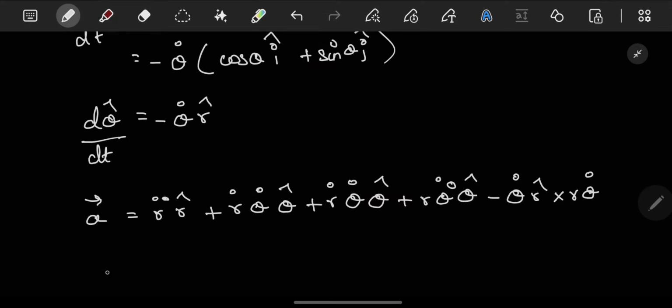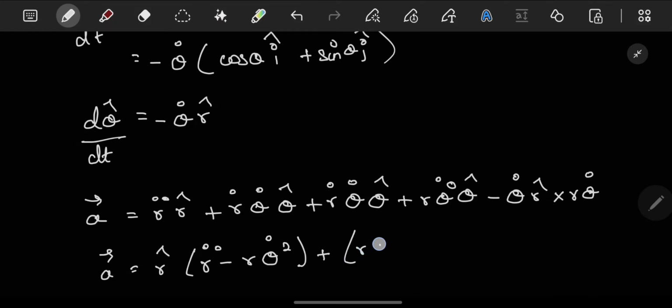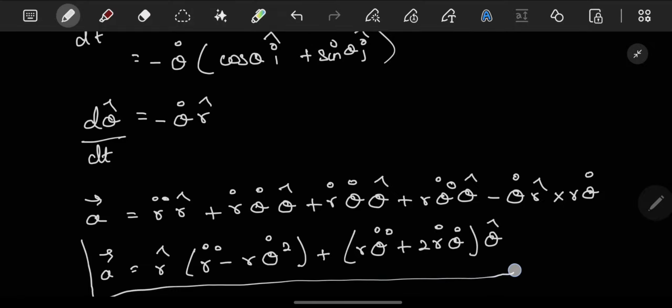We can write this equation as a vector is equal to r cap times r double dot minus r theta dot square, plus theta cap times r theta double dot plus 2 r dot theta dot. We just grouped the similar terms and wrote the final equation of a, that is acceleration.